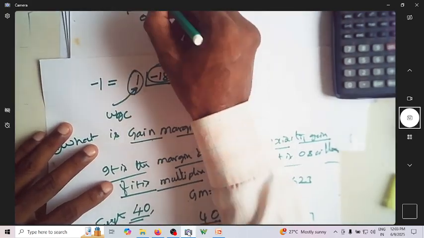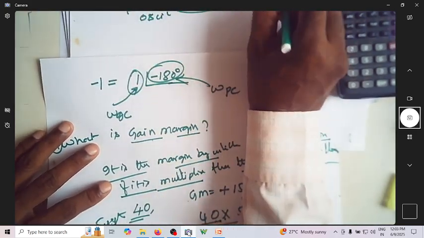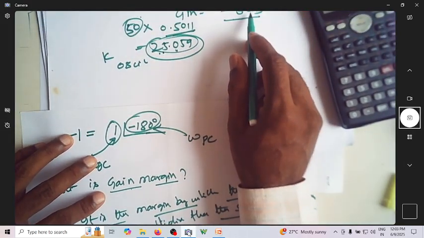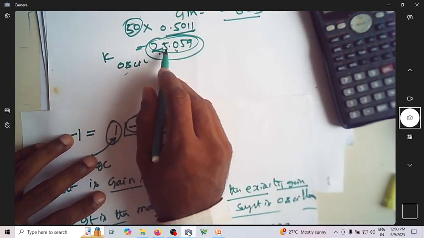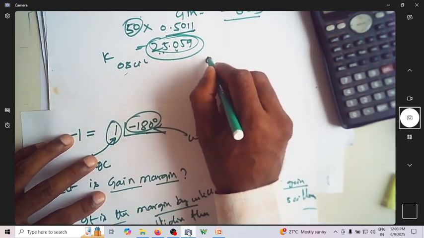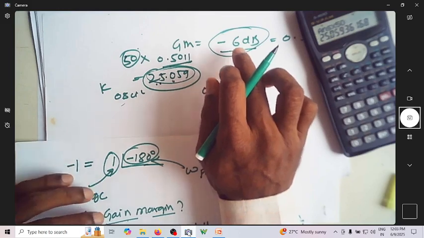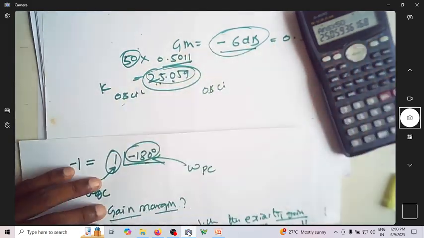A system with gain 50 was an unstable system, giving a negative gain margin. When k is equal to 25.05, the system is oscillating. I will not say the system is unstable now; I will simply say it has a gain margin of minus 6 dB.